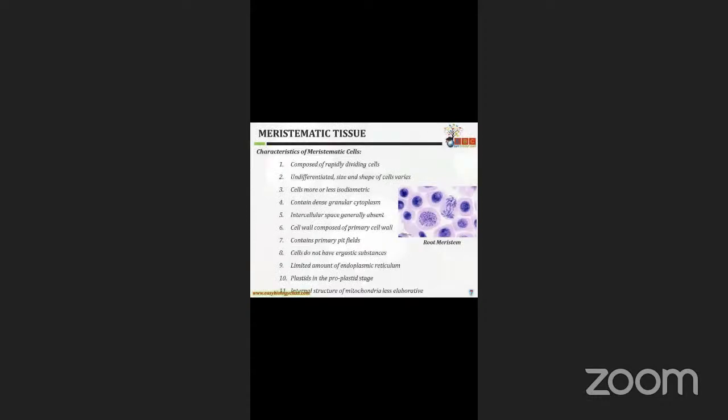That is the third type, named as intercalary meristems. Intercalary meristems show actively growing regions behind apical meristems.